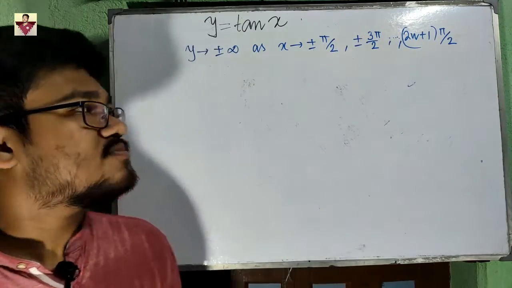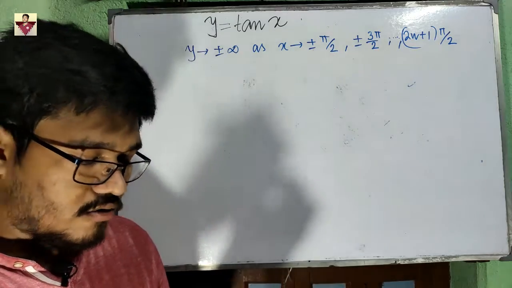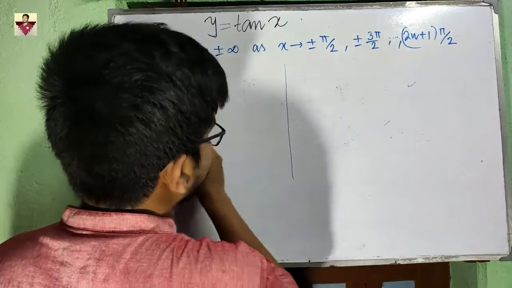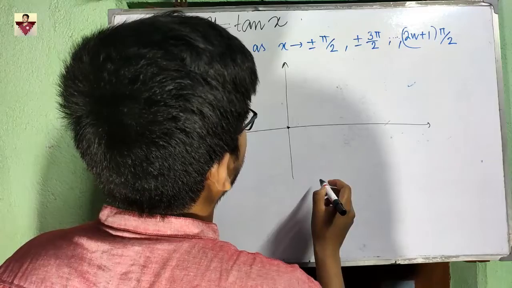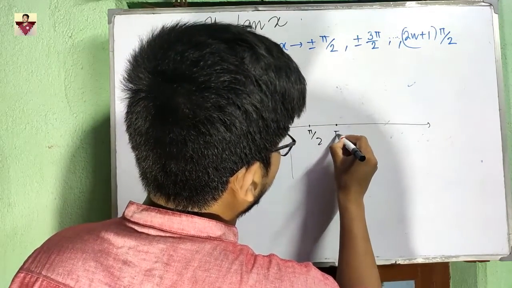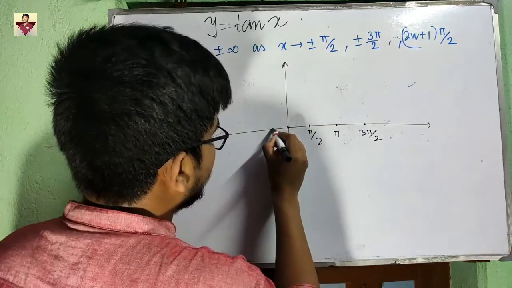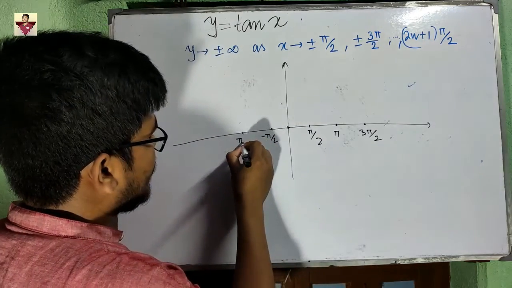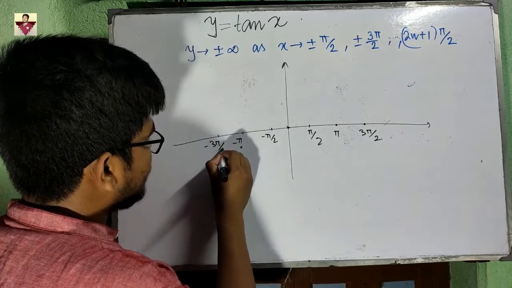Now let us find the asymptotes for the function y equal to tan x. First you need to know how to plot the curve for tan x. So let's define the points as pi by 2, pi, 3 pi by 2, and here also minus pi by 2, minus pi, and minus 3 pi by 2.